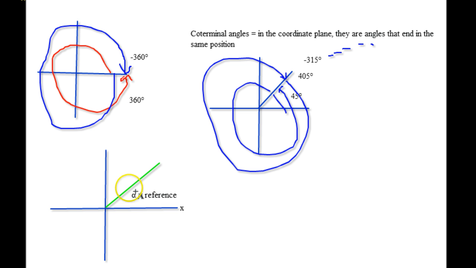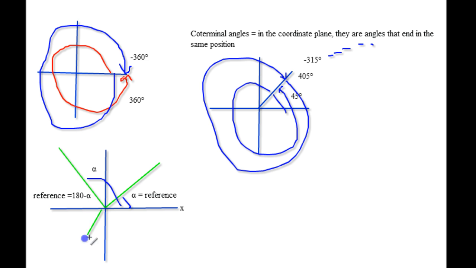Pretty simple. Now if we go to the second quadrant, and let's say that was alpha, then the reference angle is going to be equal to 180 minus alpha. That's how you find the reference angle in the second quadrant.